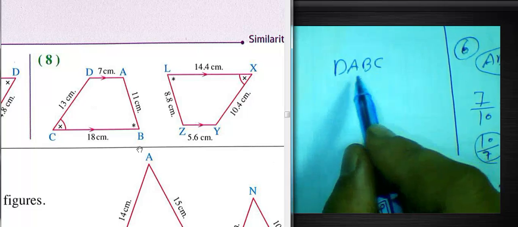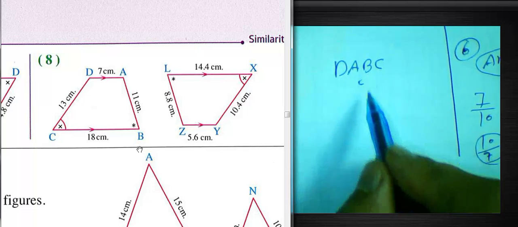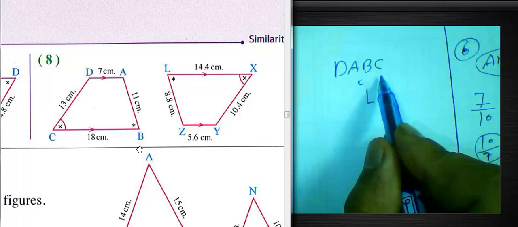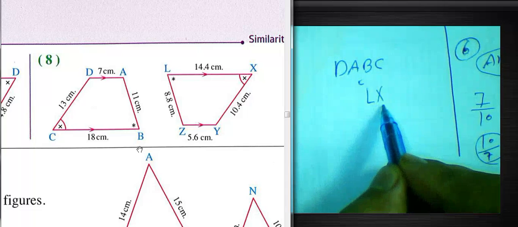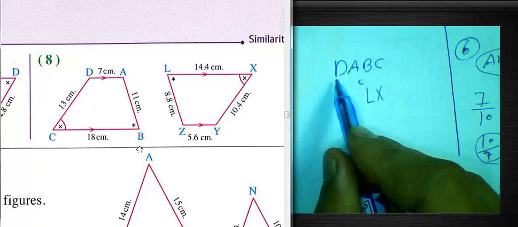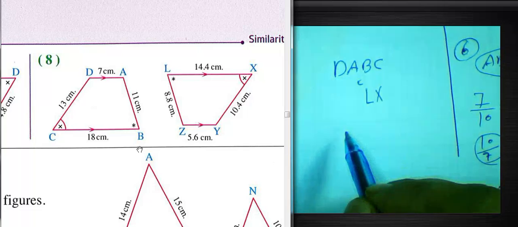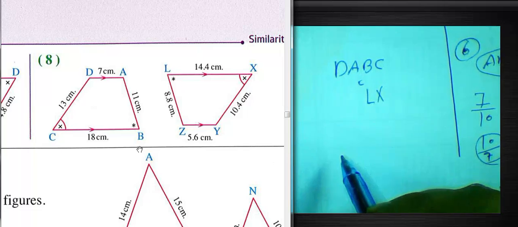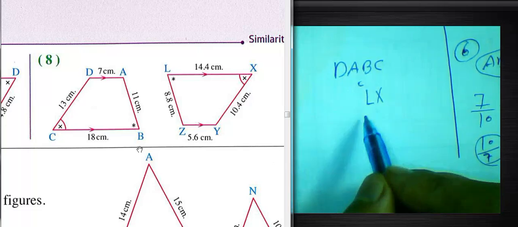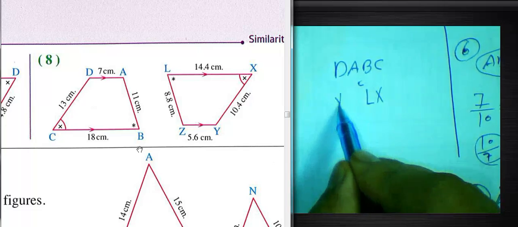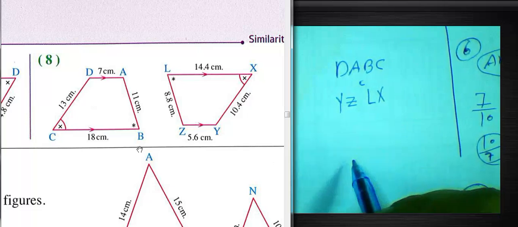Measure of angle D equals measure of angle Y, measure of angle A equals measure of angle Z, measure of angle B equal measure of angle L, measure of angle C equal measure of angle X. Look again, DABC, DABC. We can write here YZLX, YZLX. It's okay for you?